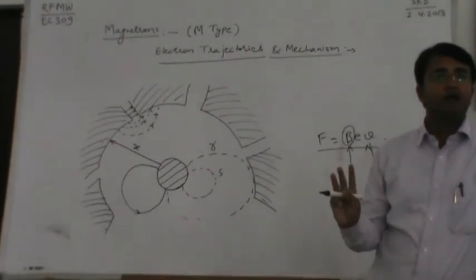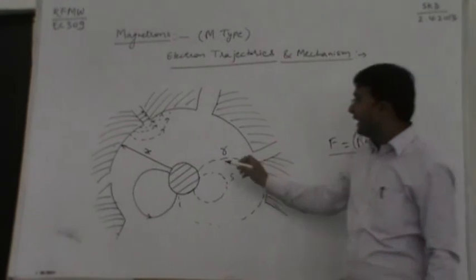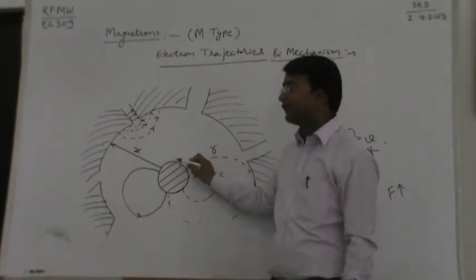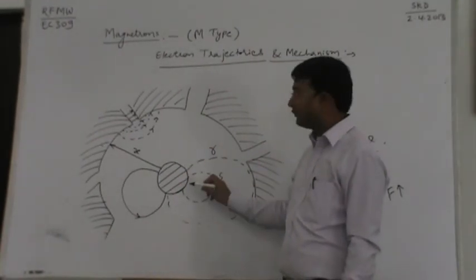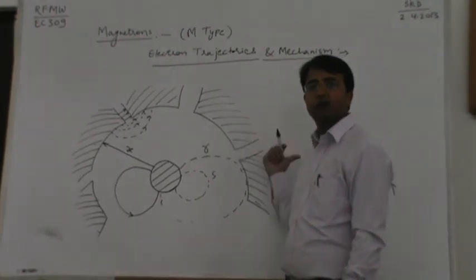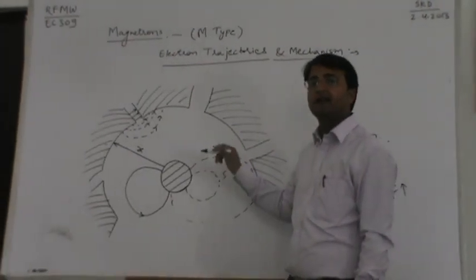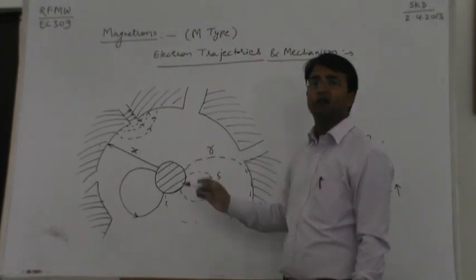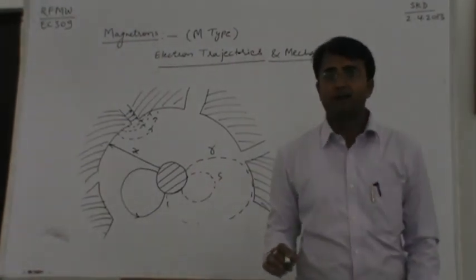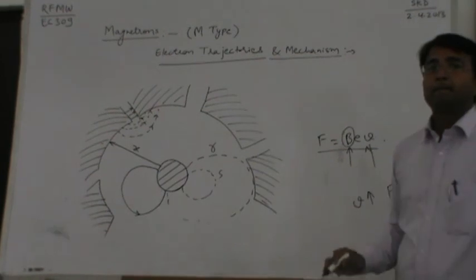So three types of forces act on the electron emerging from the cathode: the force due to the electric field, the force due to the magnetic field, and the centrifugal force, mv squared by r. Right?